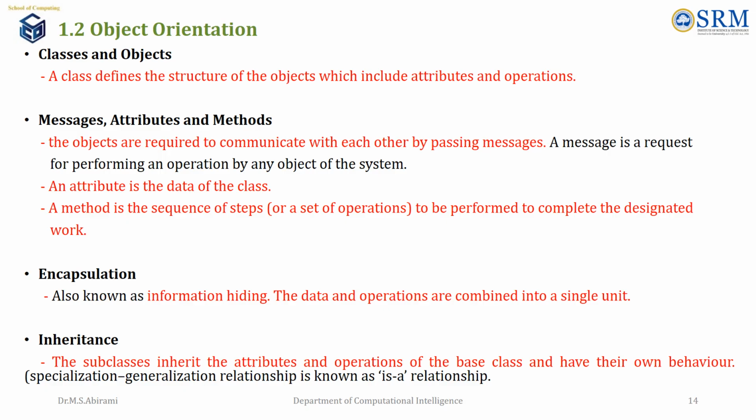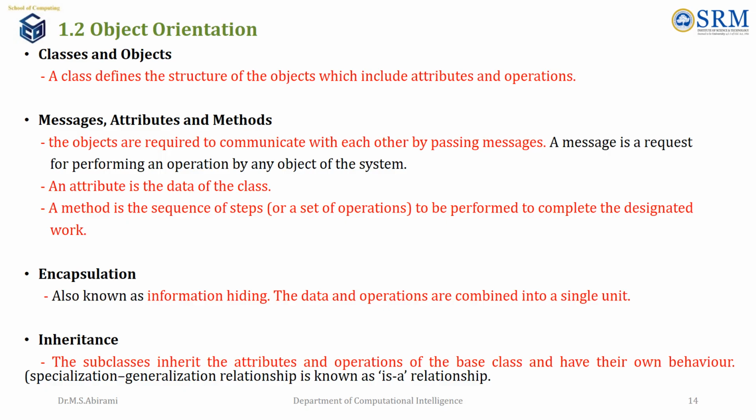The next topic is object orientation, which consists of all the features of object-oriented software. The first characteristic is classes and objects. The class defines the structure of the object, which includes attributes and operations.